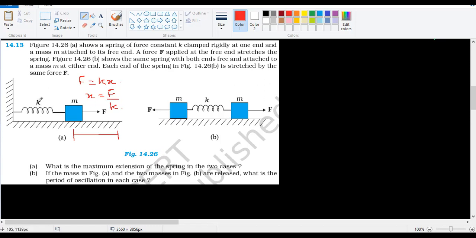If the K value is higher, then it is a very tight spring. If the K value is lower, then it is a loose spring. So as you keep on increasing the force, the extension will also increase. So that's your first answer.